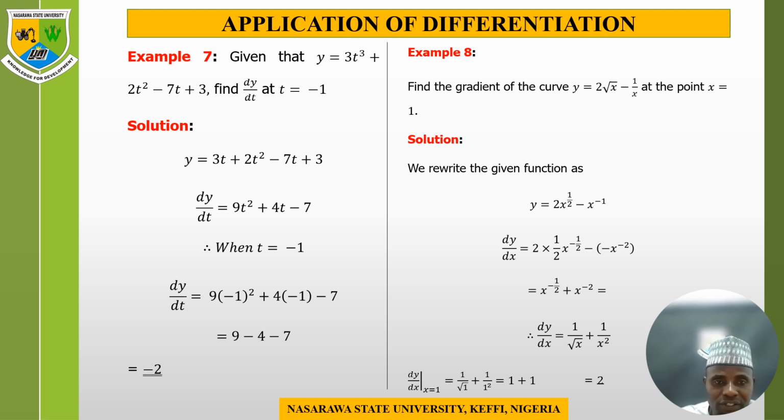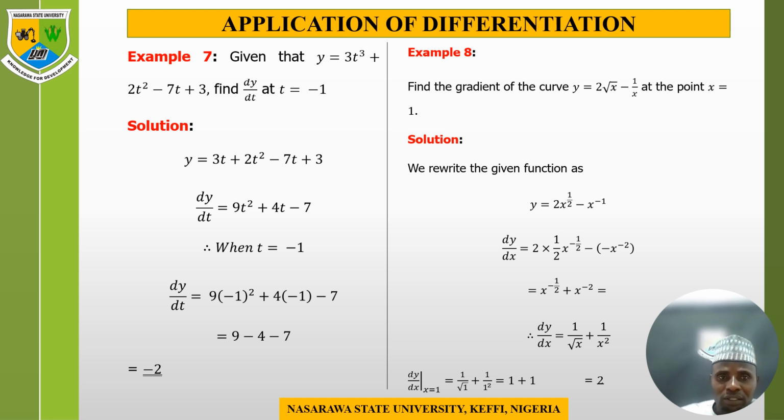After differentiating, when t is equal to minus 1, you substitute in, and we obtain this value, minus 2. So you are asked to find dy/dt, that is the rate of change of this particular given function.